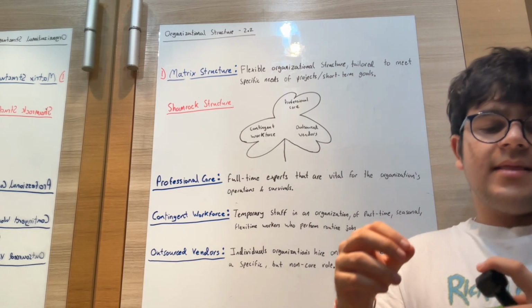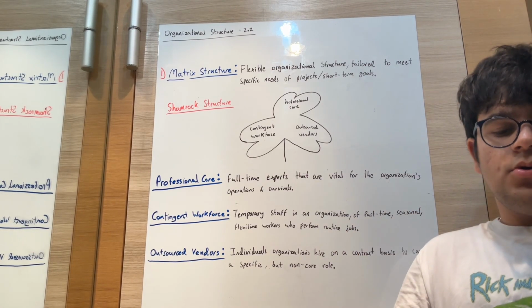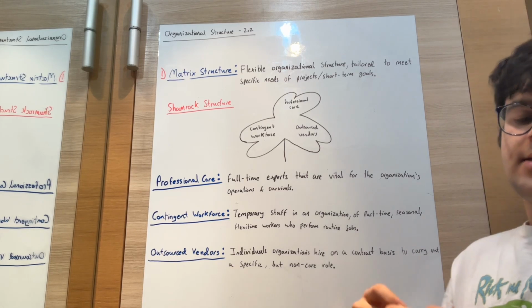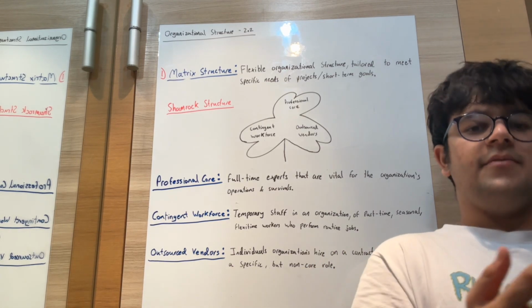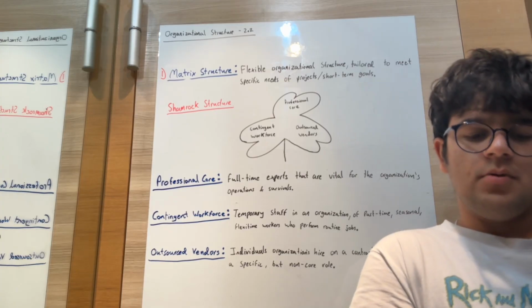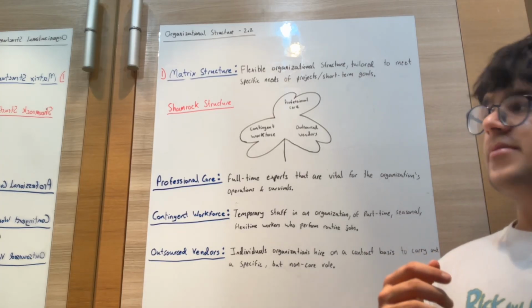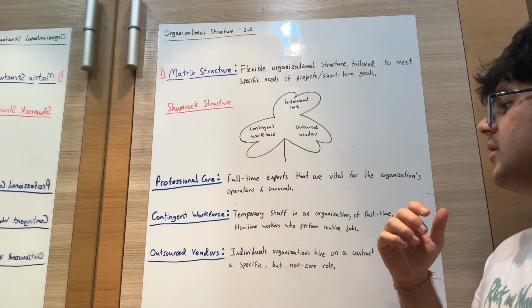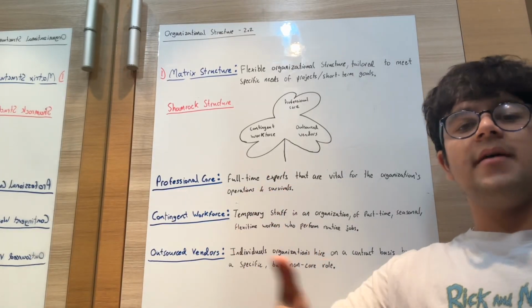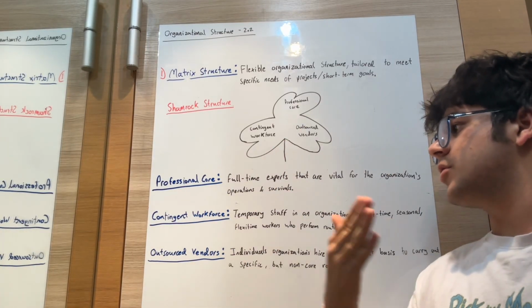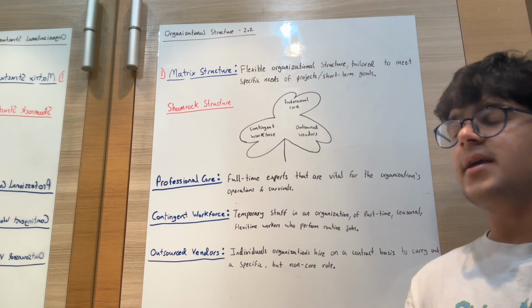For example, schools might hire substitute teachers in the event of teachers not being available. And in grocery stores, you have routine workers, the contingent workforce.